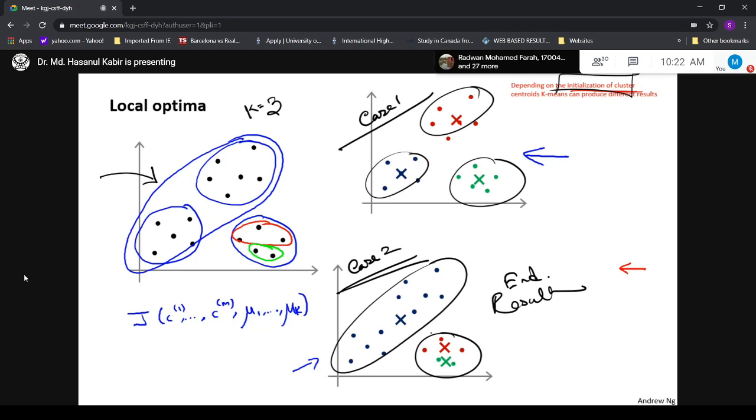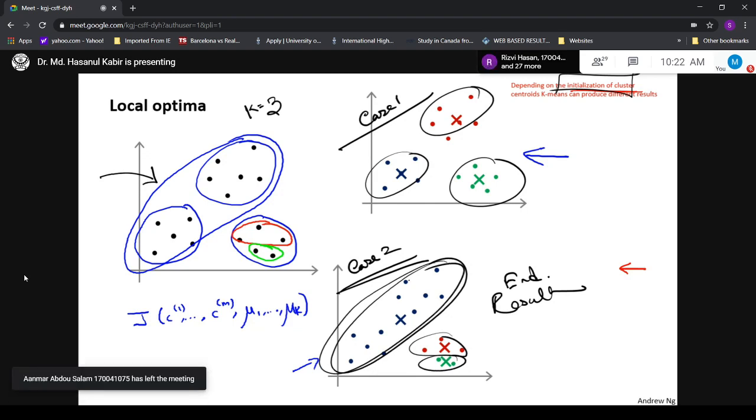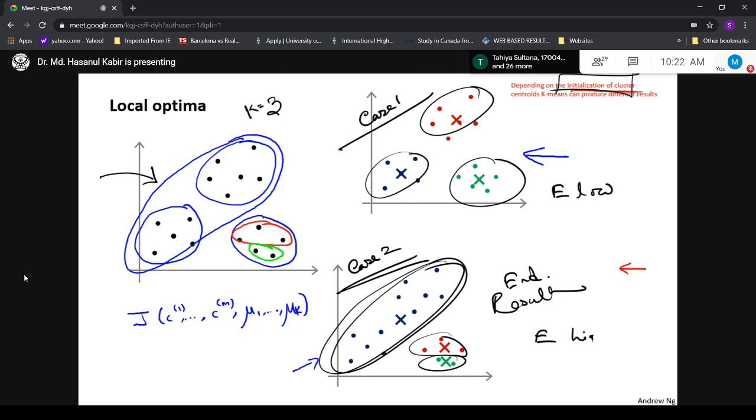And moreover, these 2 clusters are very compact. However, this cluster is very loosely connected, right? Yes, sir. But you will see the difference when you compute your fitness function, your criteria function: this one will give you a low value, and this one on the other hand will give you a high value, because for all these samples they will compute a high difference, right? Yes.